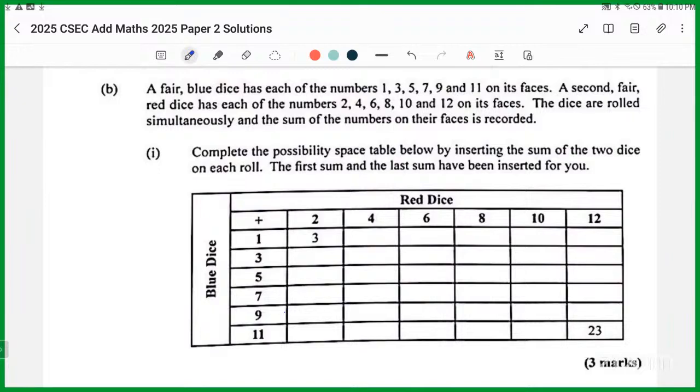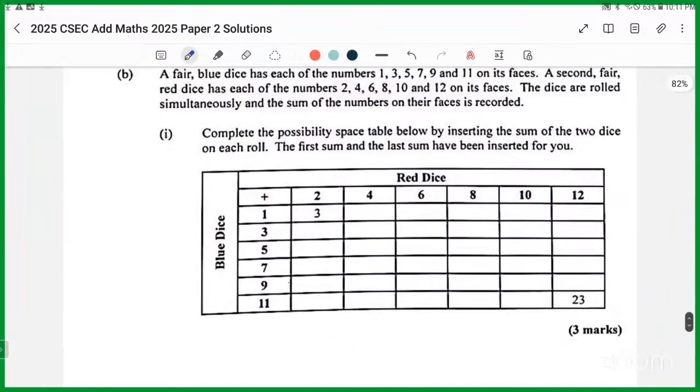Complete the possibility space below by inserting the sum of the two dice for each cell. So basically we add up these numbers, like this one plus this one equals this one. In the first row, 2 plus 3 is 5, then 2 plus 5 is 7, 2 plus 7 is 9, 2 plus 9 is 11, and 2 plus 11 is 13. So you keep adding 2.